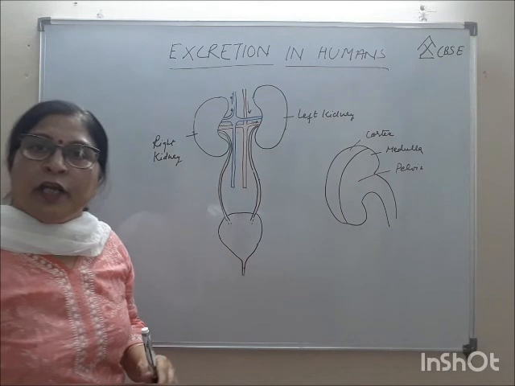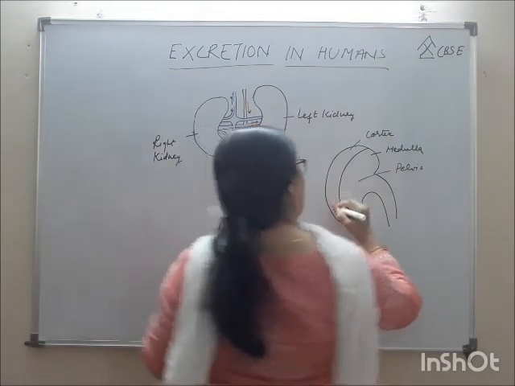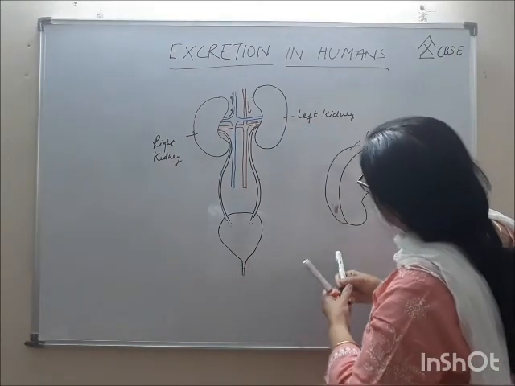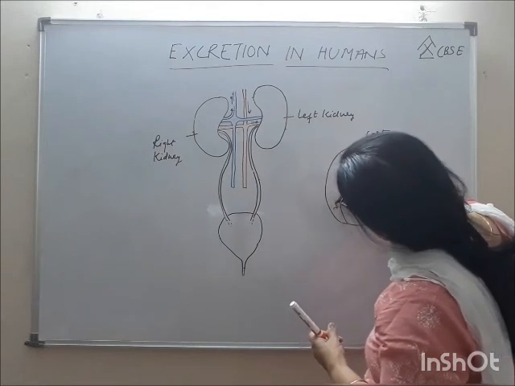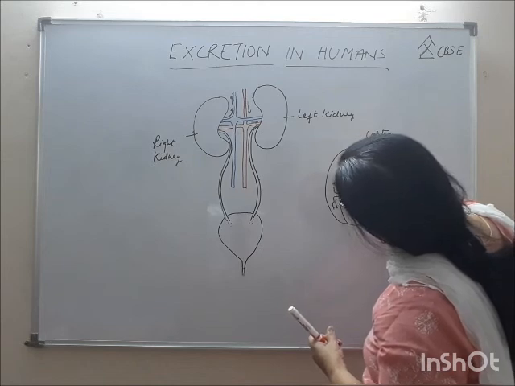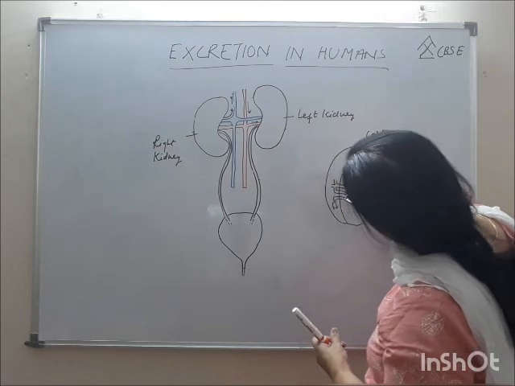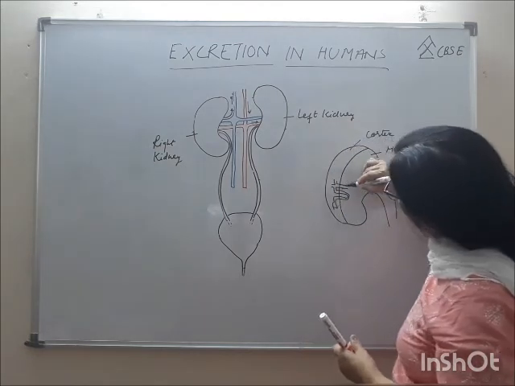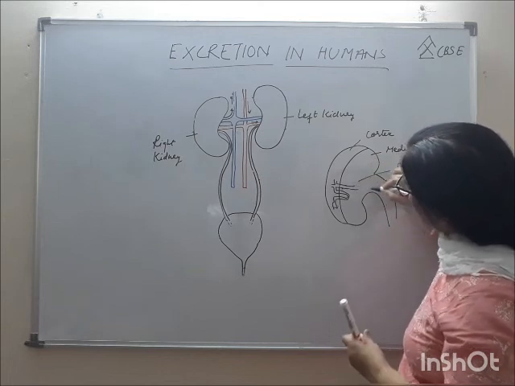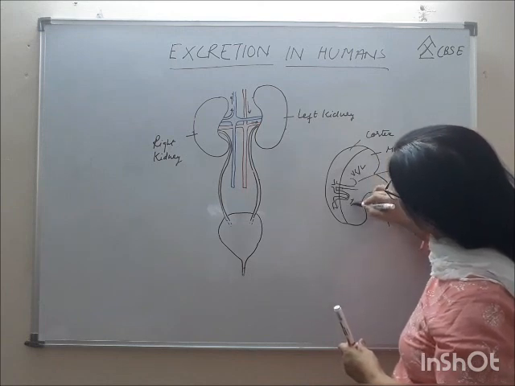Inside the kidney, a number of nephrons are present. This is the structure of nephron. Through the collecting duct, the urine enters the pelvis region, and from the pelvis it goes like this.